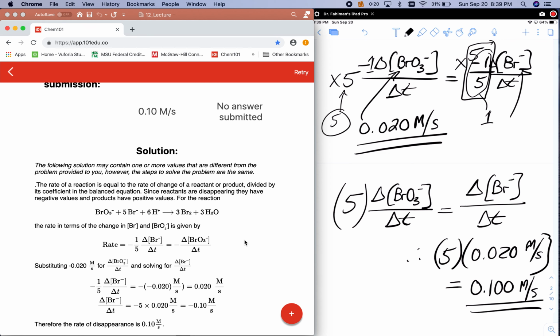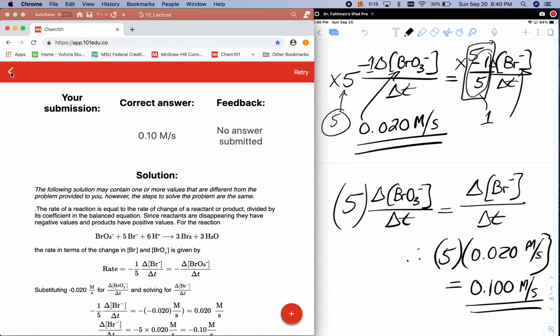And just to maybe walk you through the math a little bit, we just essentially substitute 0.02 for the bromate, and then you solve for the bromide. So bromide is 5 times the 0.02.